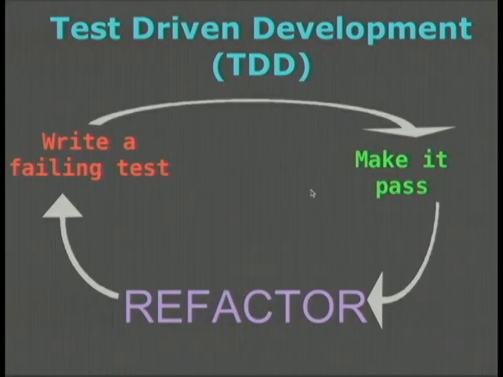For red, you write a failing unit test that describes what you want to do. Initially it won't work because you won't have written the code for it. Green makes it pass. If you were to iterate between red and green, you'd end up with a lot of code that was pretty ugly. So in between that, you need to clean it up, refactor it, make it sane.